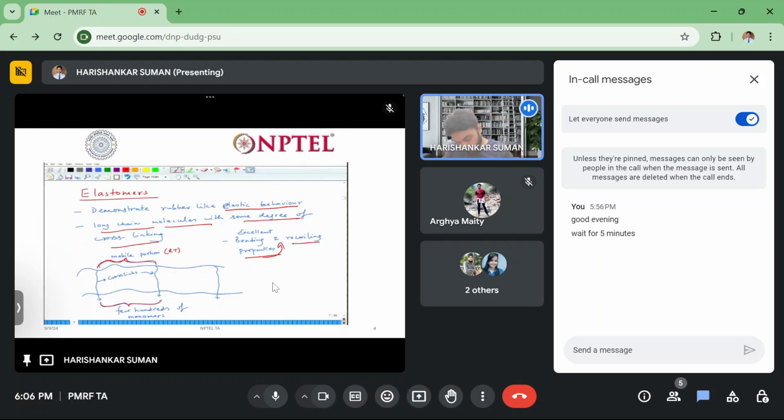You can see the mobile part at room temperature. This is cross-linking, a few hundred nanometers. This is the main chain for the elastomer and this is cross-linking.